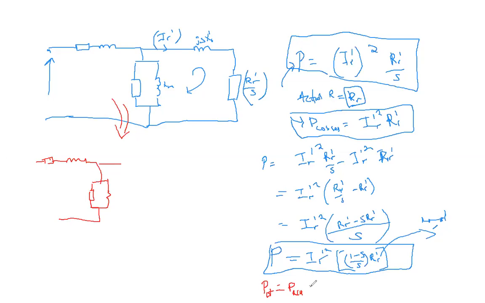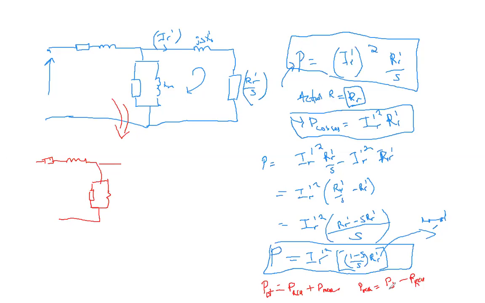All right, plus obviously it should be mechanical power. So therefore, mechanical power, P_mech, must be equal to the power delivered minus the rotor copper loss, the one that was lost in the copper wires.